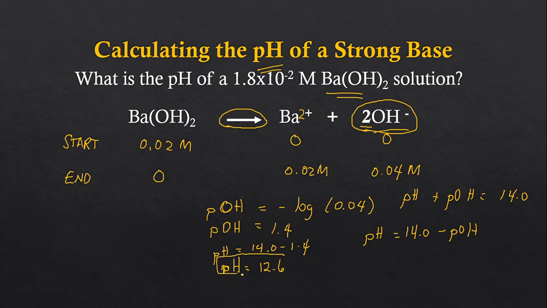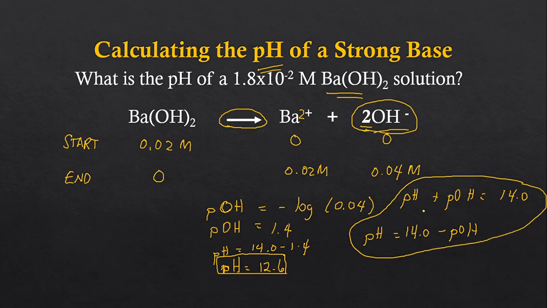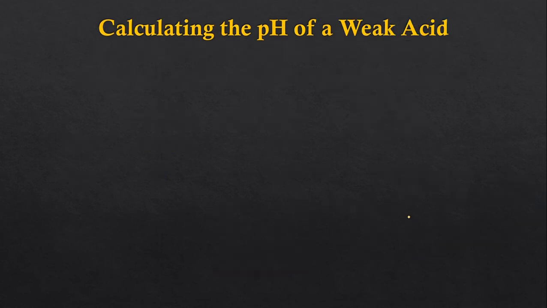So, this is our pH. Ito lang yung extra step na gagawin natin kapag ang base ang given sa atin. Okay? So, tandaan nyo lang itong very simple na equation. pH plus pOH is equal to 14.0. Okay. Now, ibang usapan na kapag weak acid ang kukunan natin ang pH.